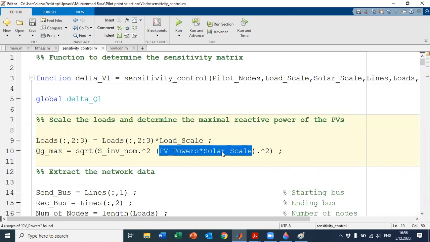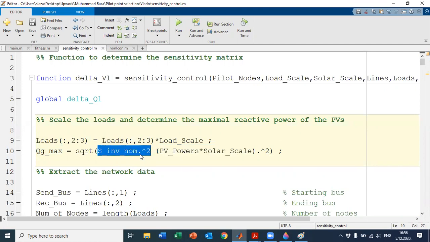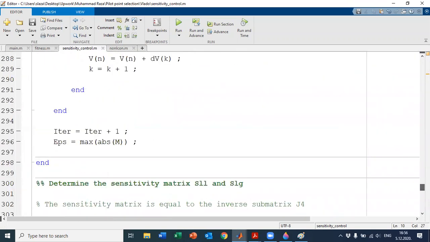If the solar scale is equal to 0, that means it's a cloudy day, we don't have any generation from the PVs. That means that the whole power of the inverter can be used to generate reactive power and to help the grid out with voltage regulation.